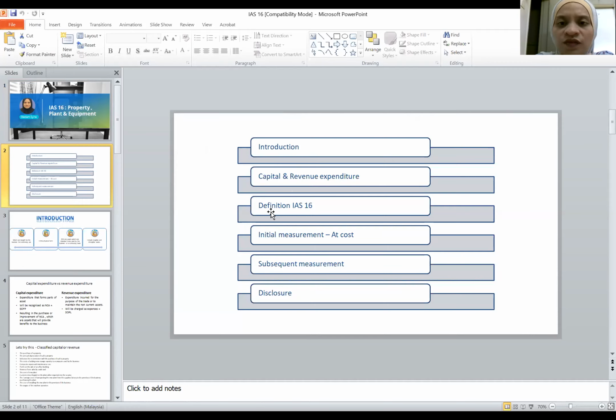Then we go into definitions of IAS 16, the initial measurement, where asset must be measured at cost, subsequent measurement, and the last one is disclosure.